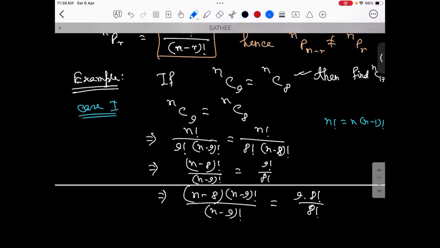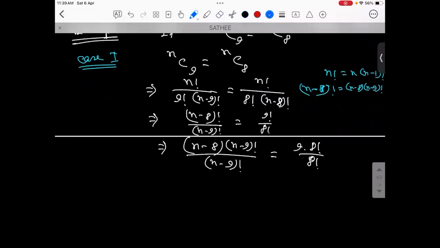So obviously, if I put n minus 8 in place of n, you get (n minus 8) factorial equals (n minus 8) into (n minus 9) factorial. Sorry for the lack of space.